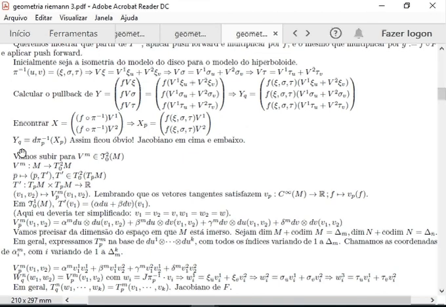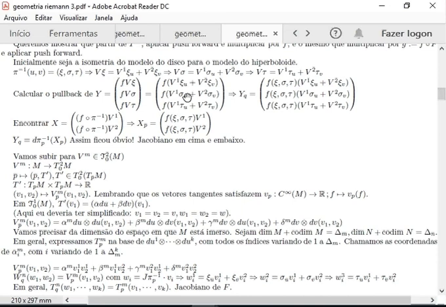YQ is the differential of P inverted at point P applied to XP. That's not obvious. So this is not this. Jacobian above and below.